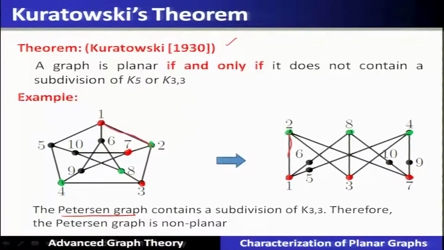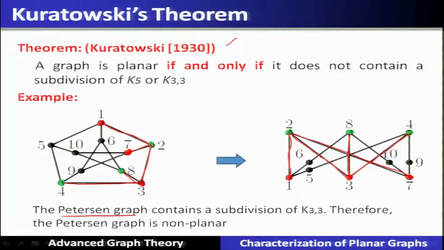1 and 2 is an edge, so that edge we have taken up. Then 2 and 3 there is an edge, so we added the edge. Then 3 and 4 have an edge, so this edge we have added. Then 3 and 8 we have an edge, so we add this edge. Then 2 and 7 we have an edge, so we place an edge here in our bipartite graph.